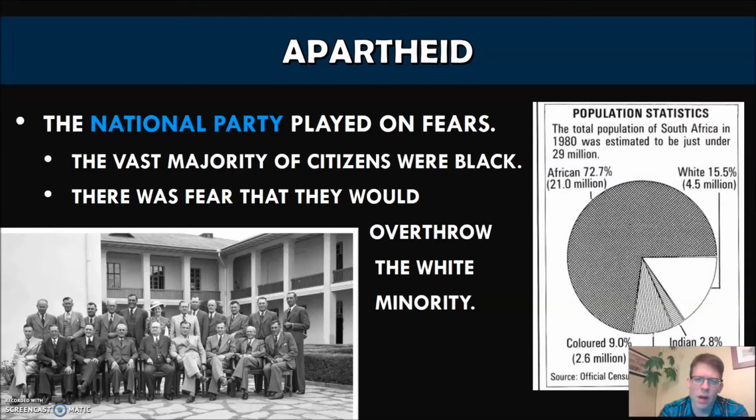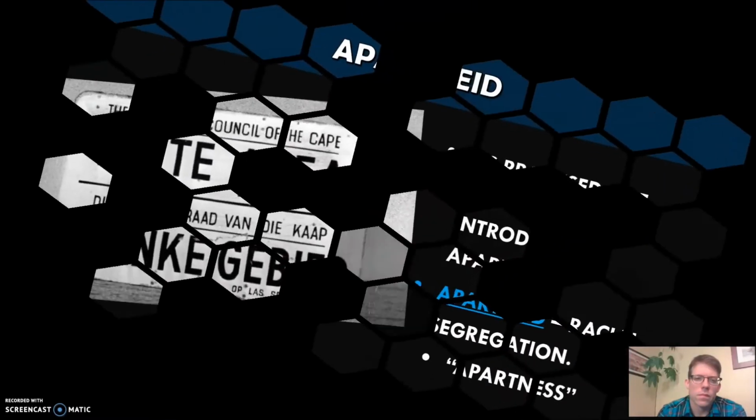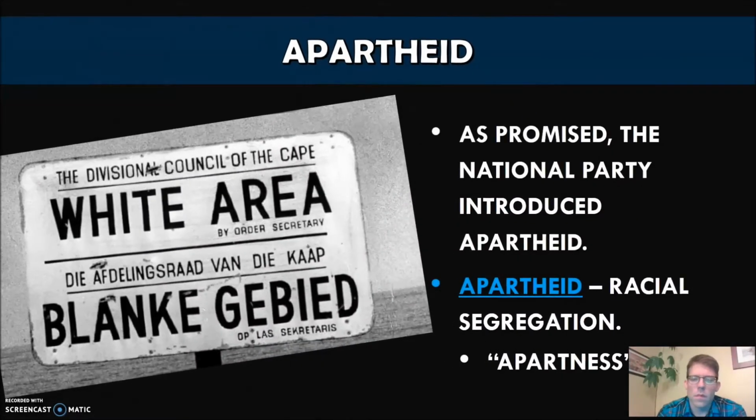But this National Party designed a government where that 15.5% white would be in charge. So this is what's called apartheid. I'm not sure if you remember from the last lesson or if that's just a word you've heard before. The literal translation is apartness. It just means racial segregation.